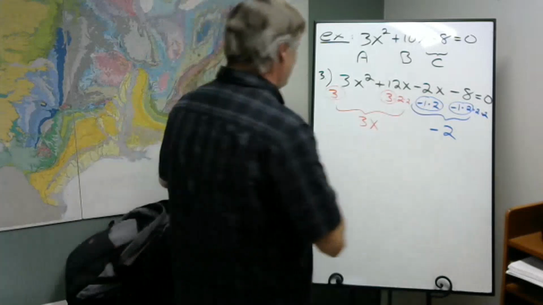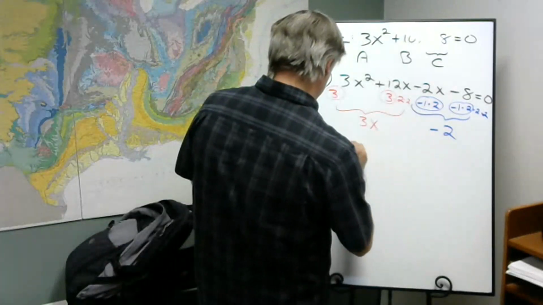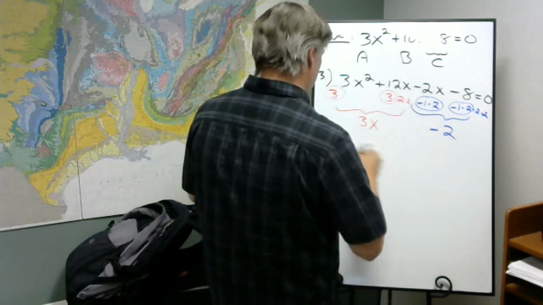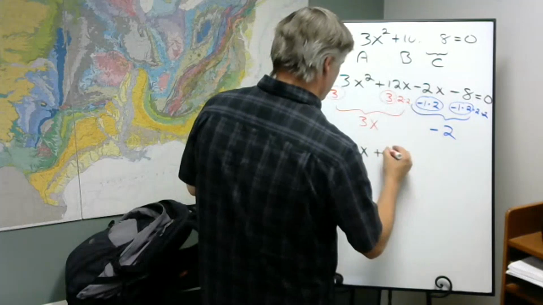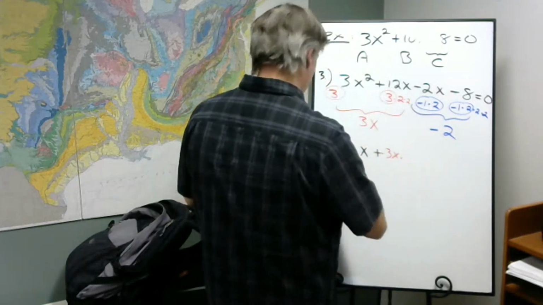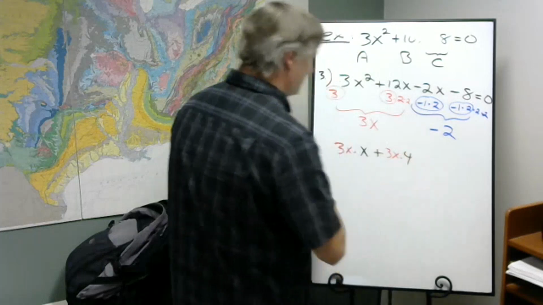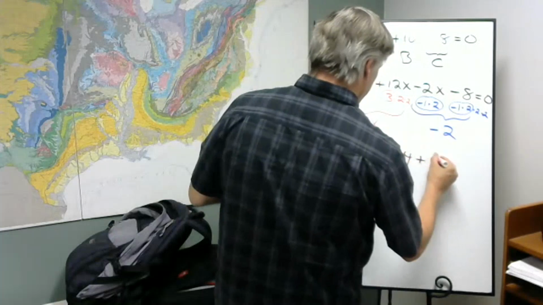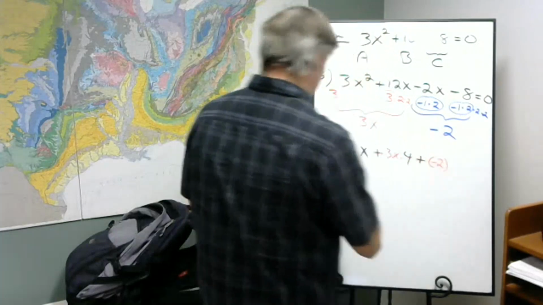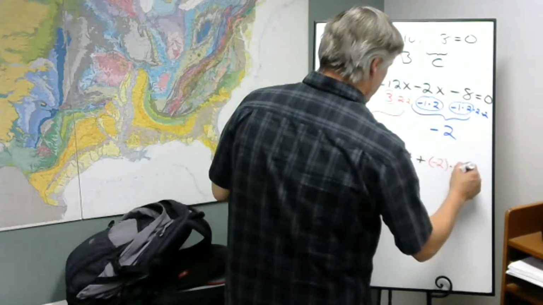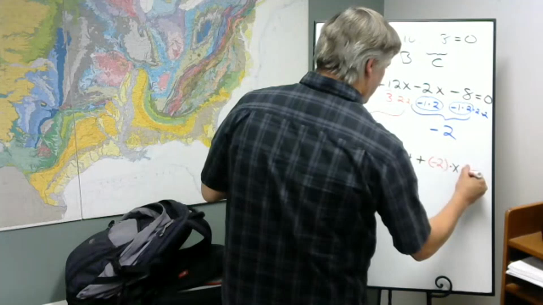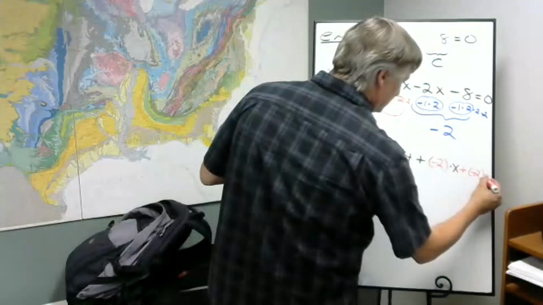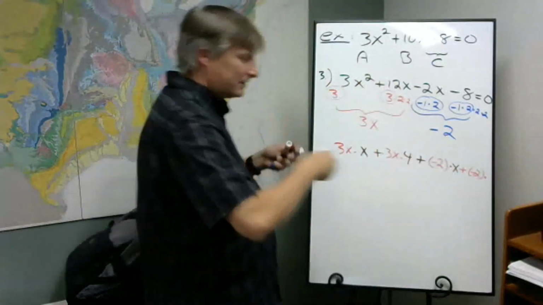So now let's rewrite this. I'm going to do plus negative 2 times x plus negative 2 times 4.